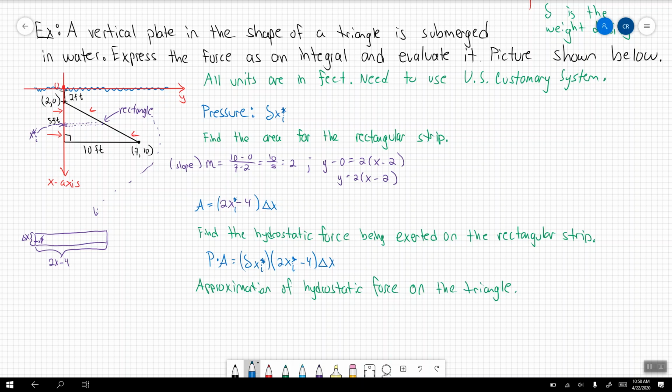We're just going to find all of these sums that we just analyzed for all of these rectangular strips.